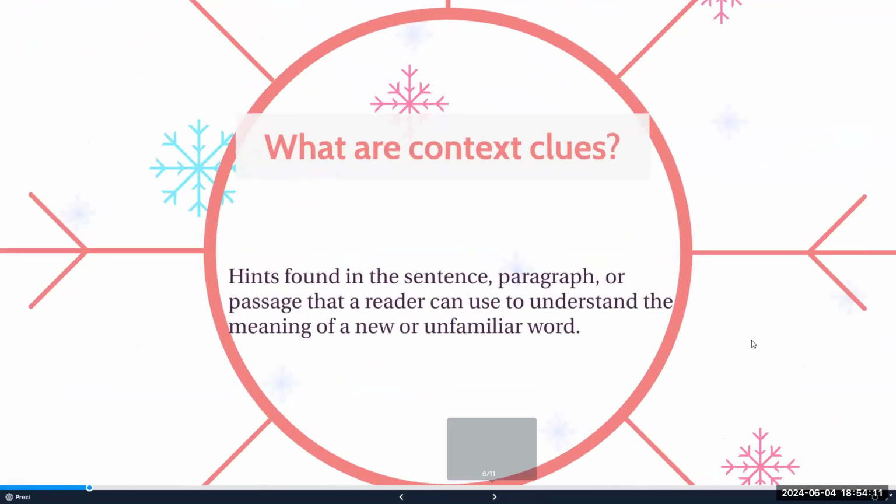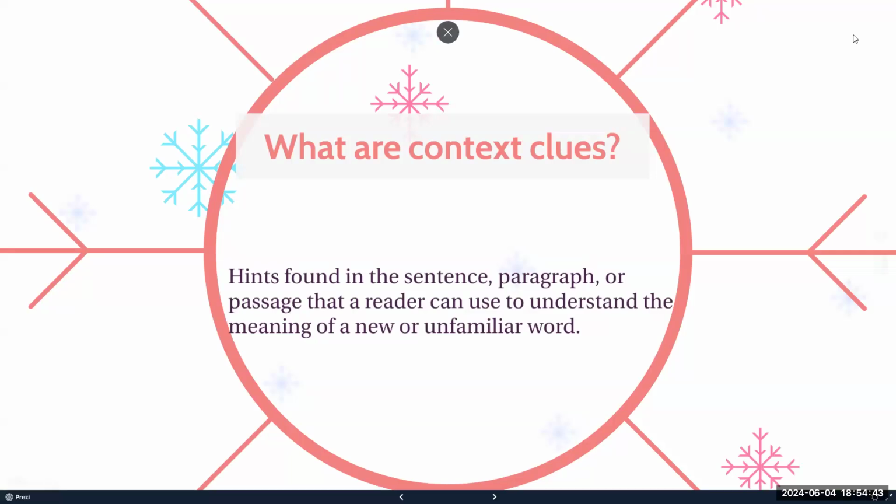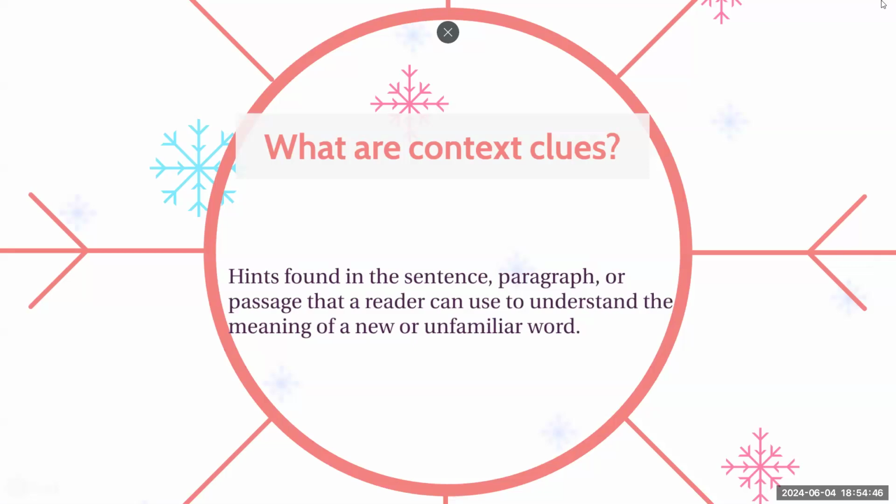All right, so context clues are hints found within a sentence, or the paragraph, or the passage that you are reading or listening to, that you are going to use to help you understand the meaning of a word that you don't know, okay? Context clues essentially help you as the reader guess the meaning without understanding the full sentence, all right?